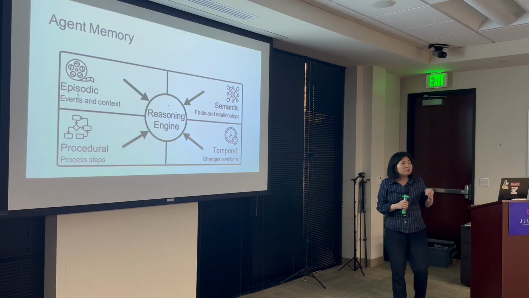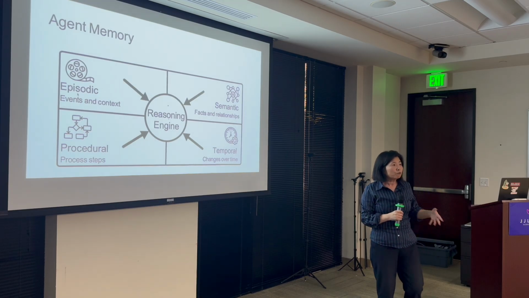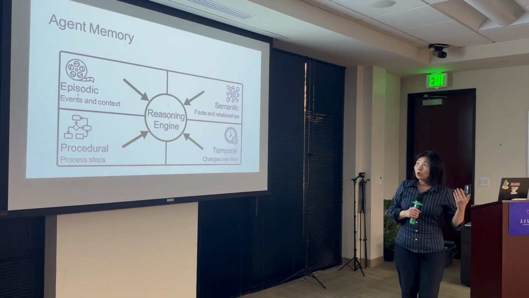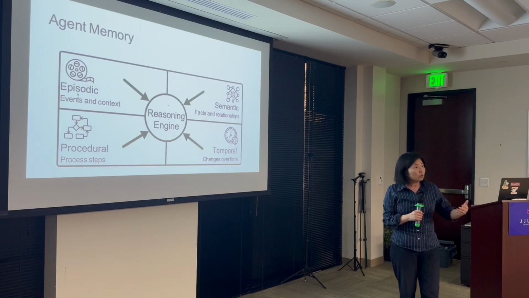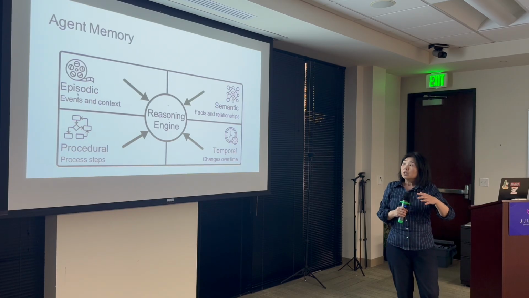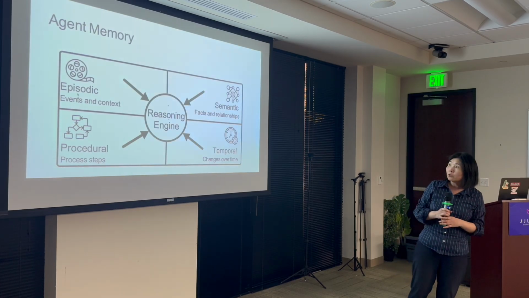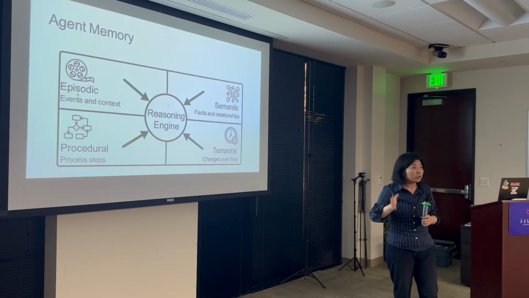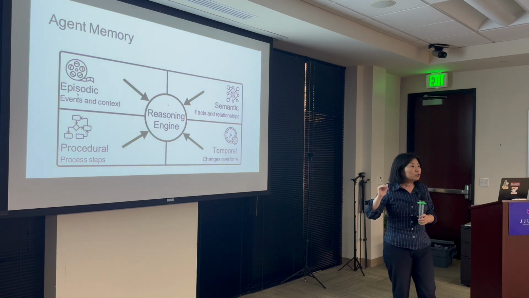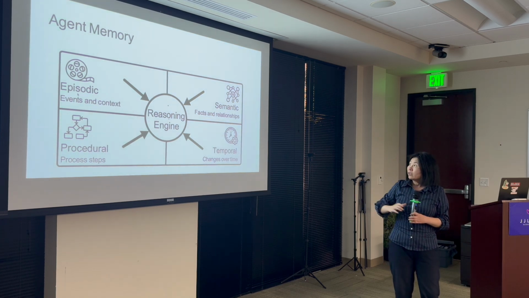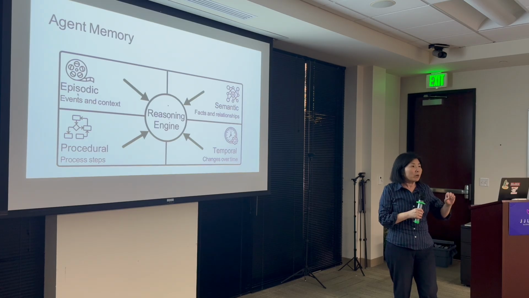So in terms of memory, we divide the memory into four types. The episodic memory is what is happening, the event, the customer calling, and the context, why it's calling. So the event is what is happening at this moment. Procedural, on the right side, the semantic memory is much longer term.